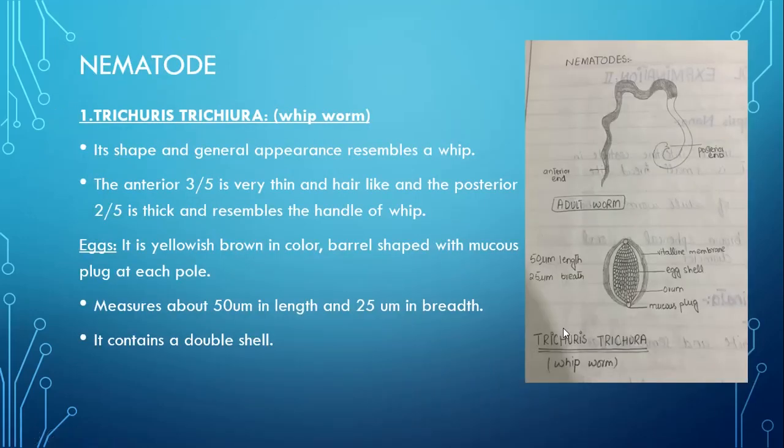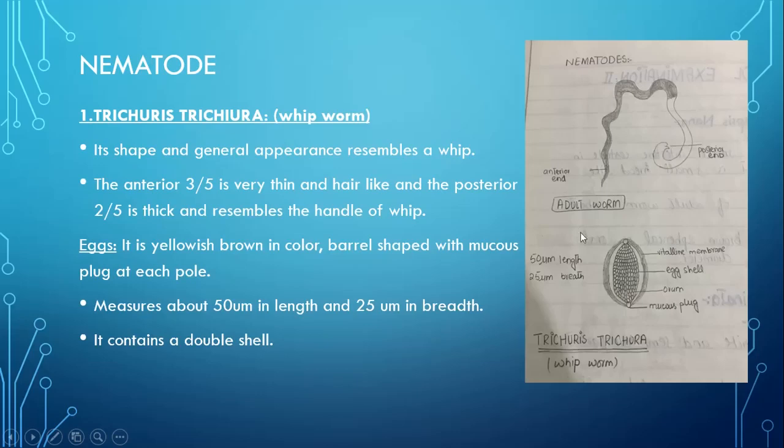Then among the nematodes, first of all we're going to talk about Trichuris trichiura, which is a whipworm. The adult worm's shape and general appearance resembles a whip. The anterior 3/5 is very thin and hair-like, and the posterior 2/5 is thick and resembles the handle of a whip, as you can see here.